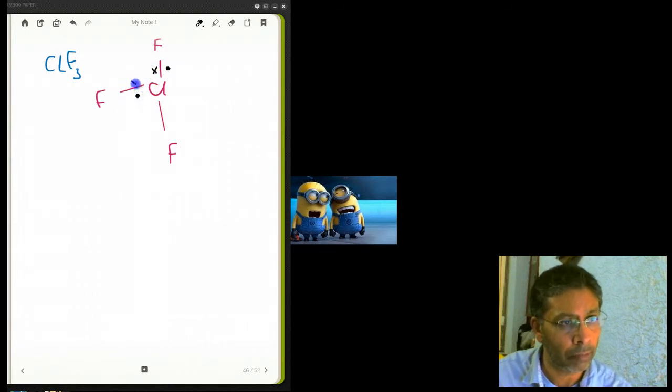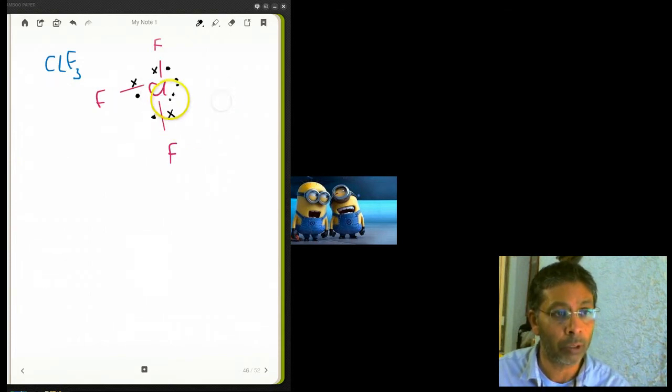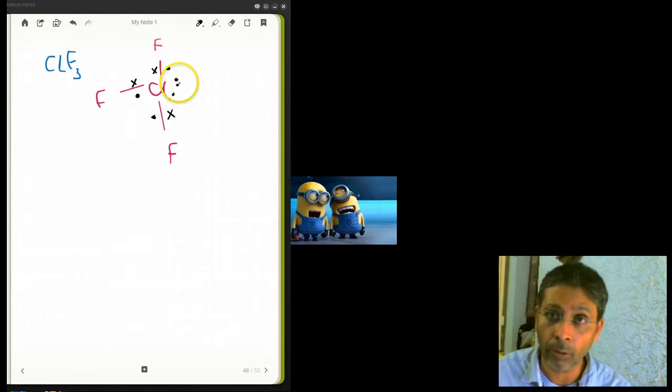Another one there, that's fluorine's. Another one there from chlorine, and that is fluorine's. So look at chlorine, it's using 1, 2, 3 electrons, so it must have 4 electrons left over. 1, 2, 3, and 4. In other words, one lone pair and another lone pair.